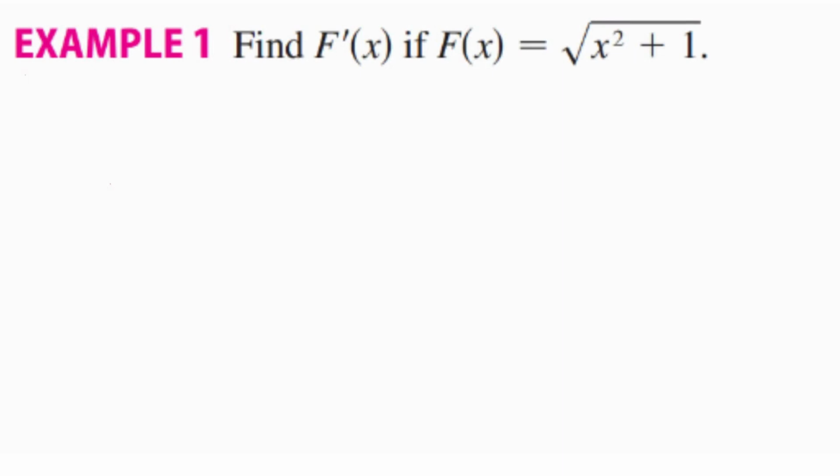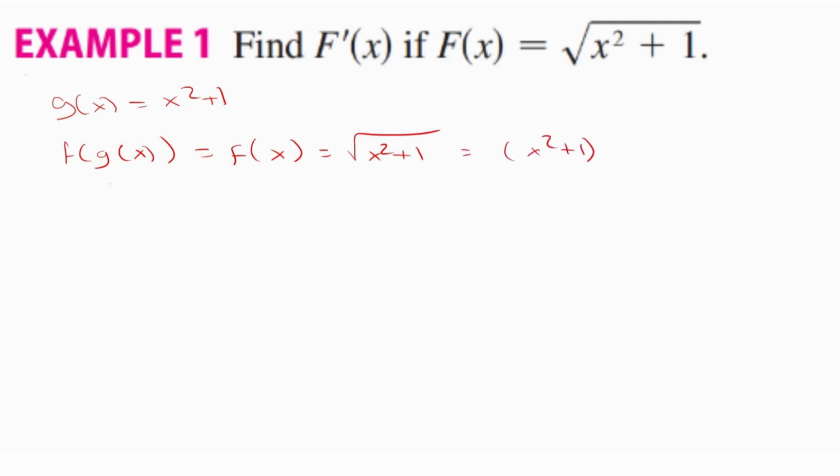So this can be considered as a composite function of f and g, considering that g of x is x squared plus 1, and f at g of x is going to be the square root of x squared plus 1. So this can be written as x squared plus 1 power 1 over 2, and we know that this is g of x. To start with, we have to find the derivative of g of x.